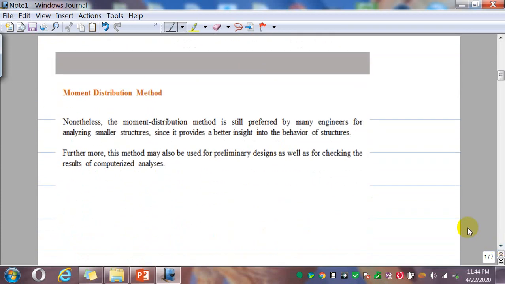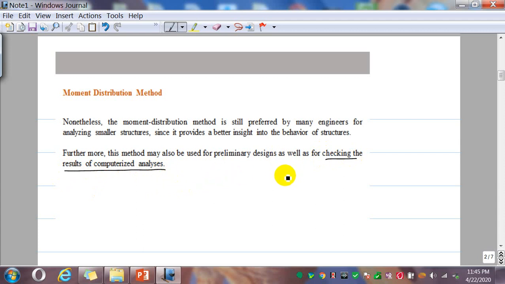The moment distribution method is also used for preliminary designs, for checking, and to check the results of computer analysis. This is something I want to emphasize: checking the results of computerized analysis.